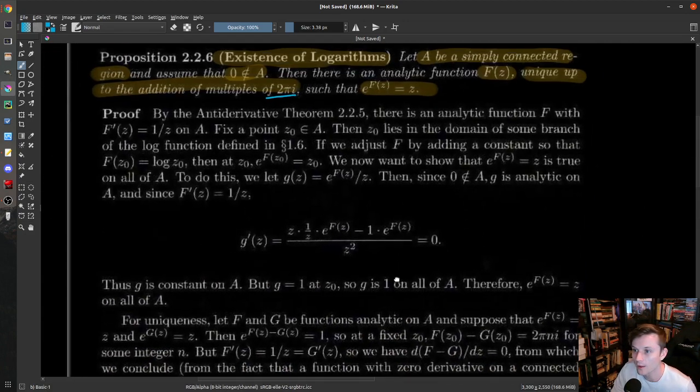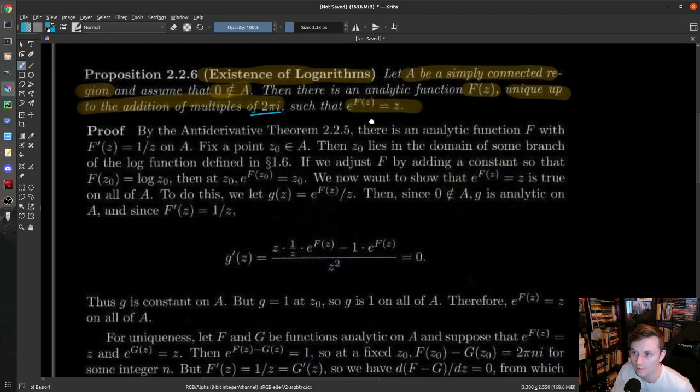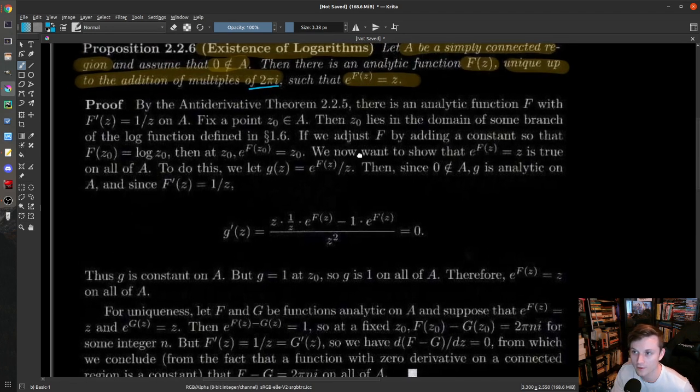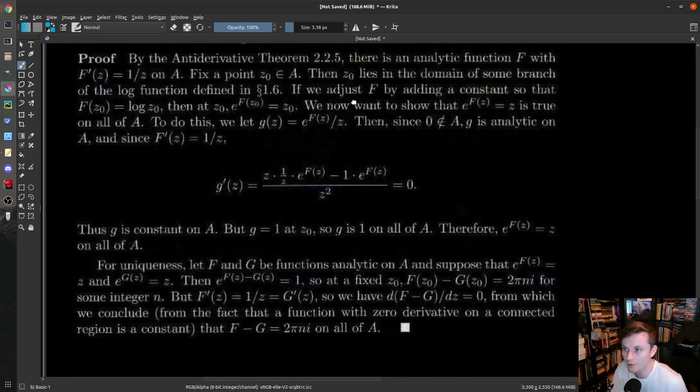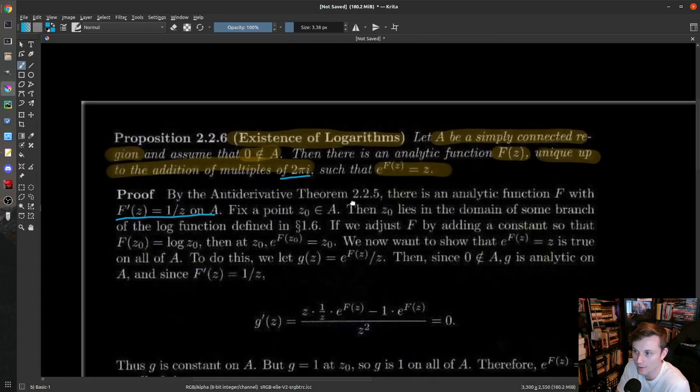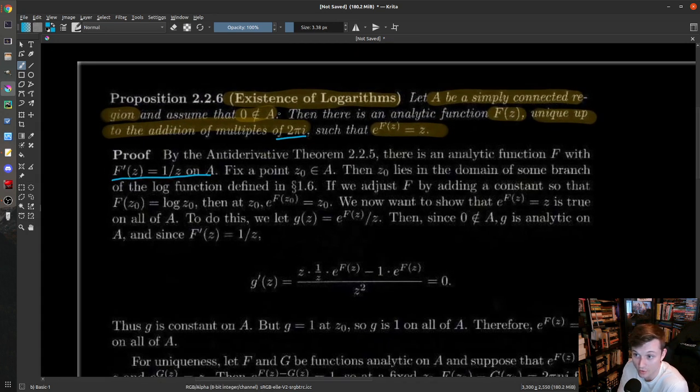Okay, so let's go through and prove the existence of logarithms. This all comes out of Cauchy's theorem. By the antiderivative theorem, that's our first step, there is an analytic function F with F prime of z equals 1 over z on A. Why is this? Well, because A doesn't contain 0, and it's a simply connected region.